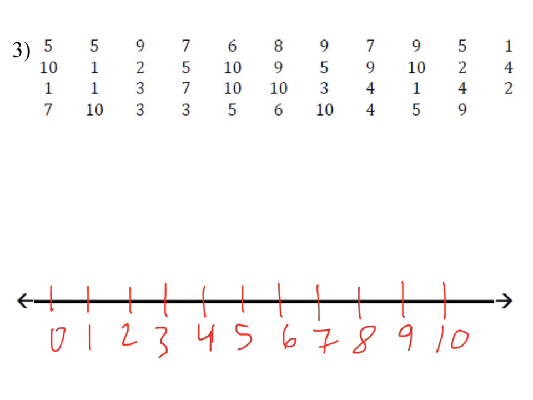Again, you have to figure out how many there are of each of these. It looks like there's no zeros, and there's 5 1's. And there's 3 2's. And there are 4 3's.